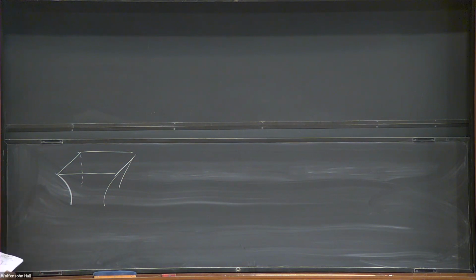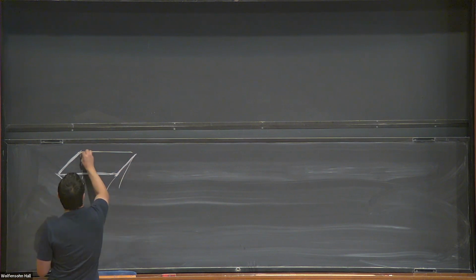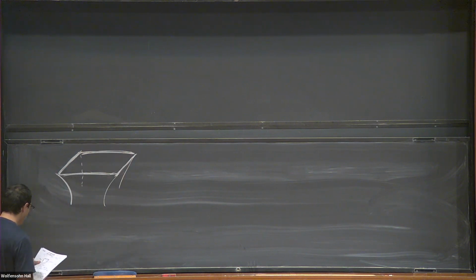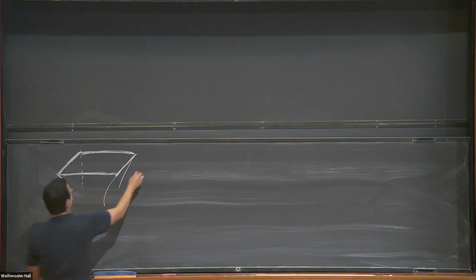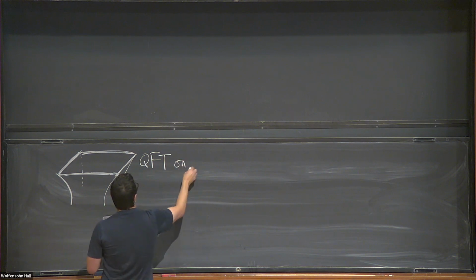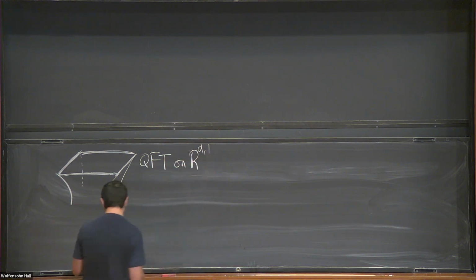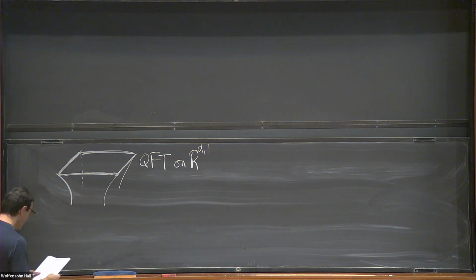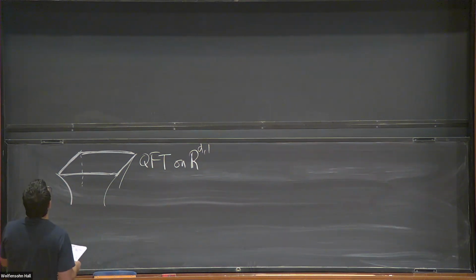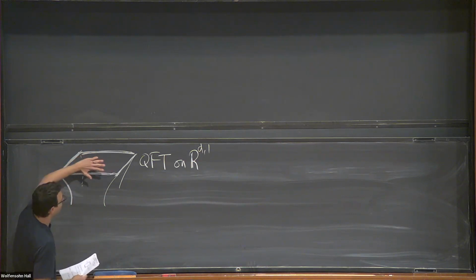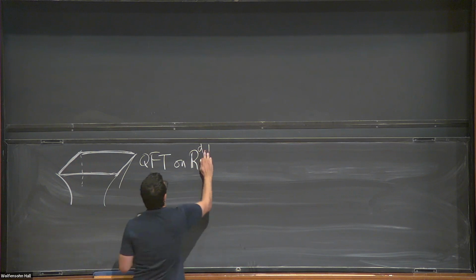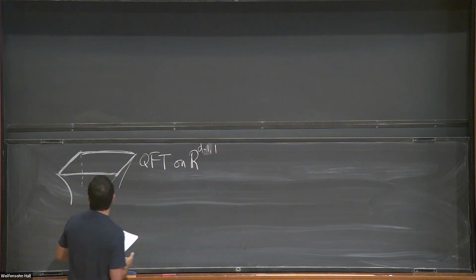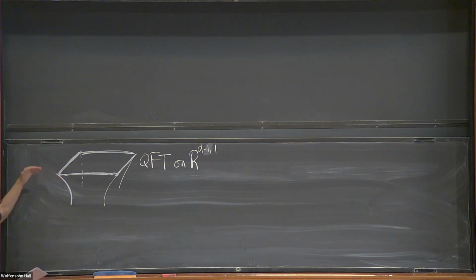This would be the case where the field theory, the gauge theory, would be a QFT on flat space, R^{D-1,1}, to have D dimensions total. And then gravity is in the space with one dimension higher. And I'll explain what the space is in a bit. So here, there would be an extra direction I'll call z.